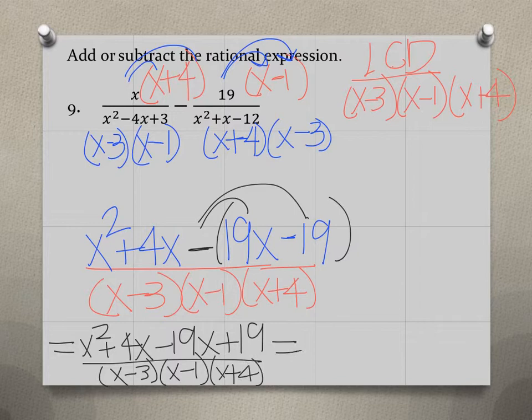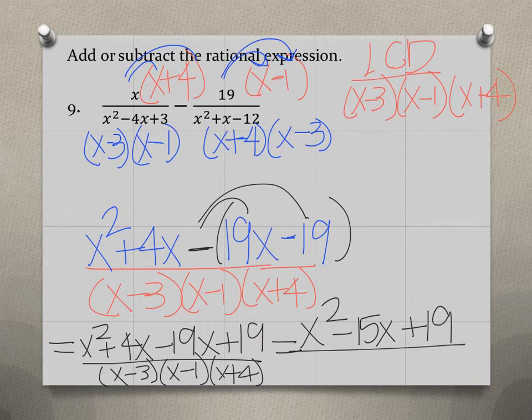And then finally, we're going to combine like terms, and we're going to have our final answer. So we have x squared, then 4x minus 19x is going to be negative 15x plus 19, all divided by x minus 3 times x minus 1 times x plus 4.